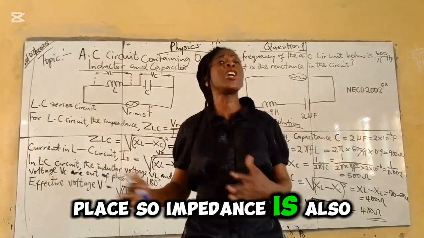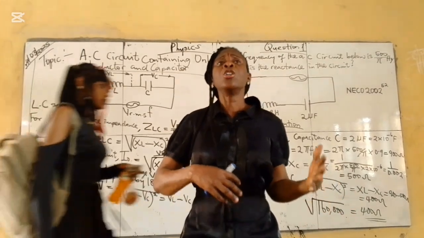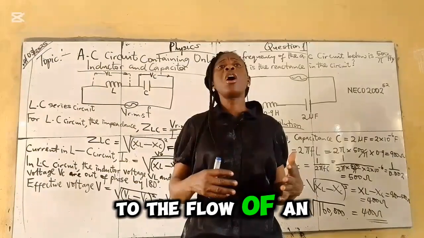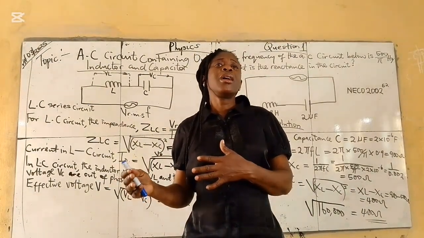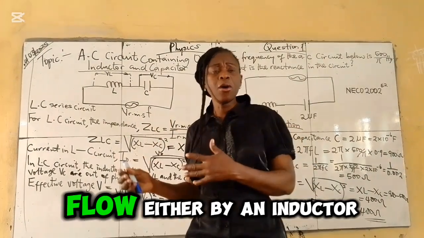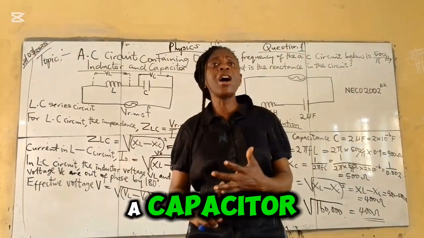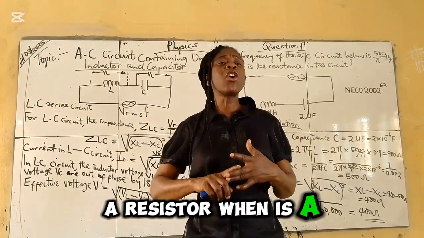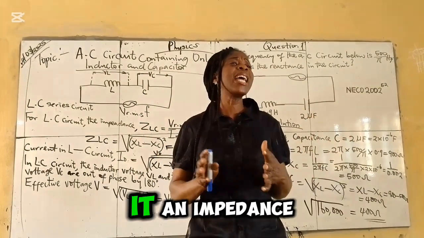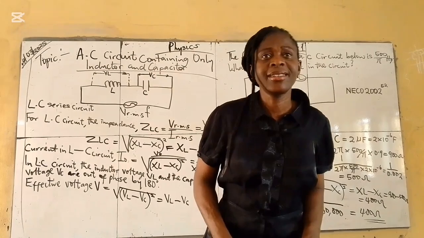Impedance is also an opposition to the flow of an AC circuit, but when it is an overall opposition by a combination of these, you call it impedance.